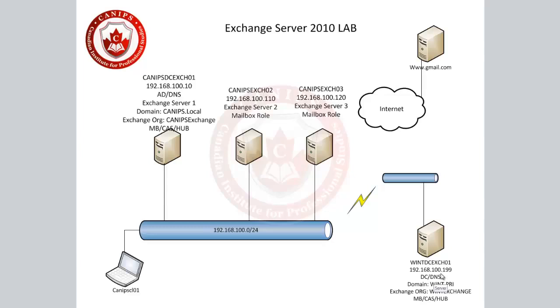I would suggest you do the same thing, because our goal is not to configure the network, but mainly to do the mail flow between 2 Exchange organizations. So here I have the second Exchange organization, this is the first Exchange organization. In this video I'm going to show you how we can do mail flow between these 2 organizations.